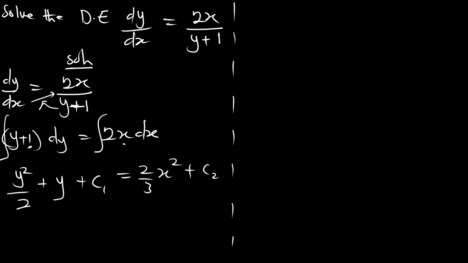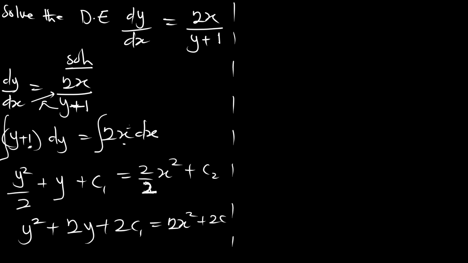So if we multiply through the equation, then what are we going to get? Let's multiply through. So this is going to be 1 plus 1, that is going to be 2, right? So if we multiply through by 2, that means we are going to get y squared plus 2y plus 2c1 equal to 2x squared plus 2c2.